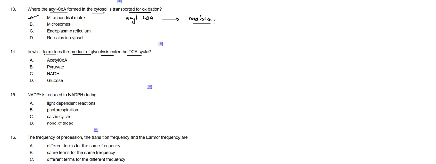So we all remember that it enters in the form of acetyl CoA. Okay. Next is NADP plus is reduced to NADPH during. So in the light dependent reaction of photosynthesis, NADP plus is reduced to NADPH.